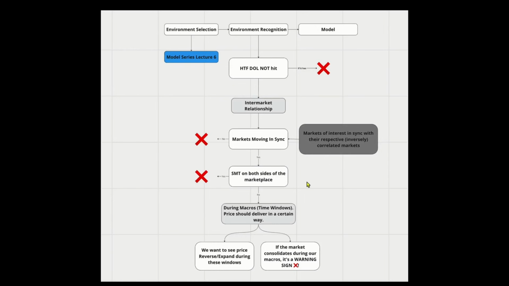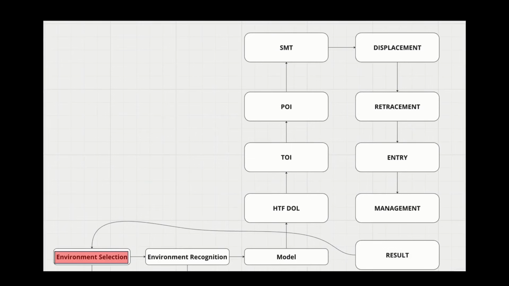Let us now take a look at the next part of this sequence, which is the model, which will eventually be one of the most important things when it comes to price patterns and spotting price patterns, because the model is all about executing ideas, but only on demo accounts, of course. Here we are at the model part. As you can see, we have gone through the environment selection.